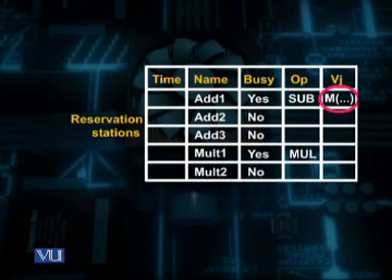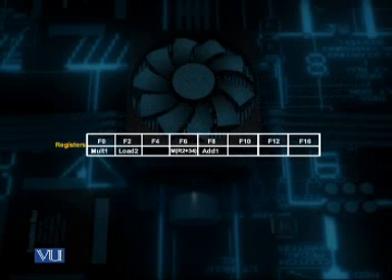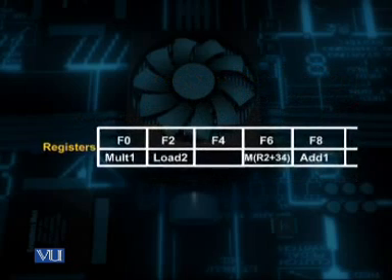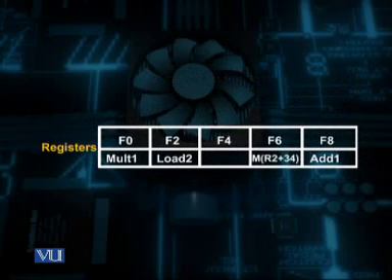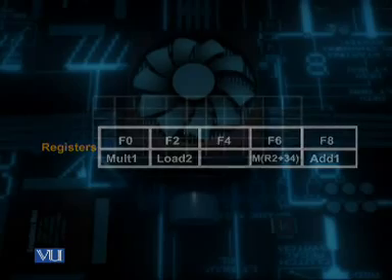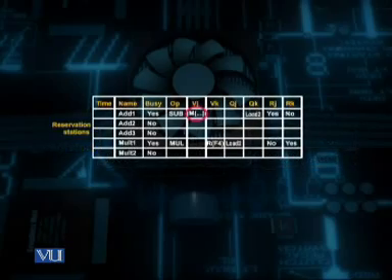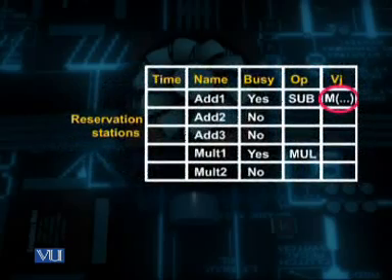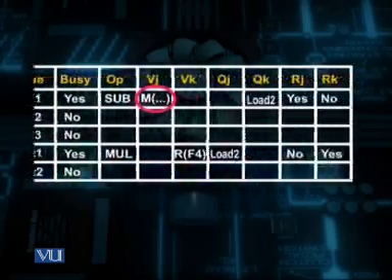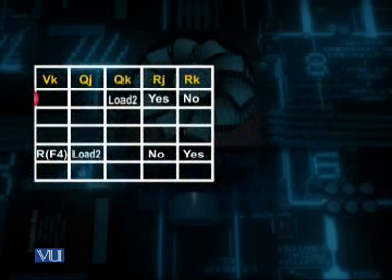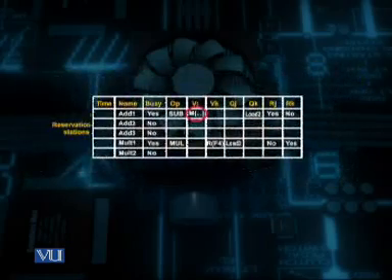The operation over here is subtract, and it is going to perform the operation on an operand to be obtained from the 34 plus R2 location. Here you can see that corresponding to add 1 in the reservation station, instead of the destination register names, the memory locations are written.